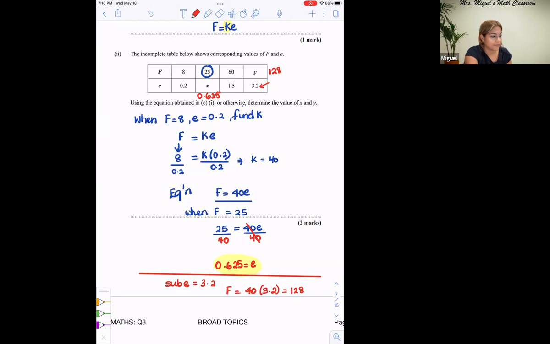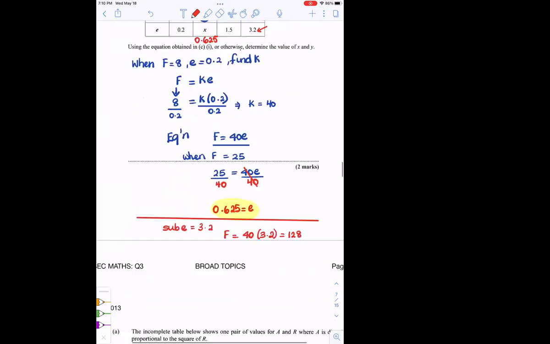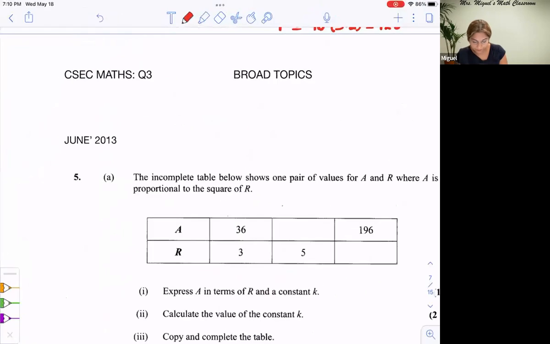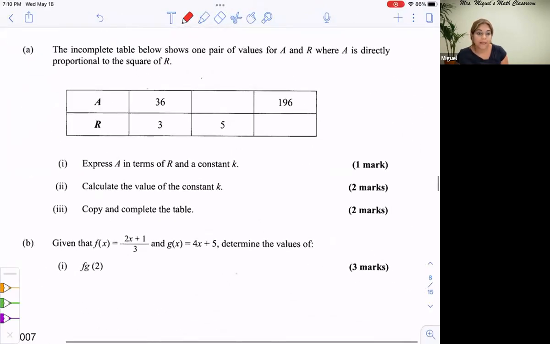Let's look at this one. The incomplete table shows one pair of values, and they give us one pair of values so that we can find the constant. That is why it's given.